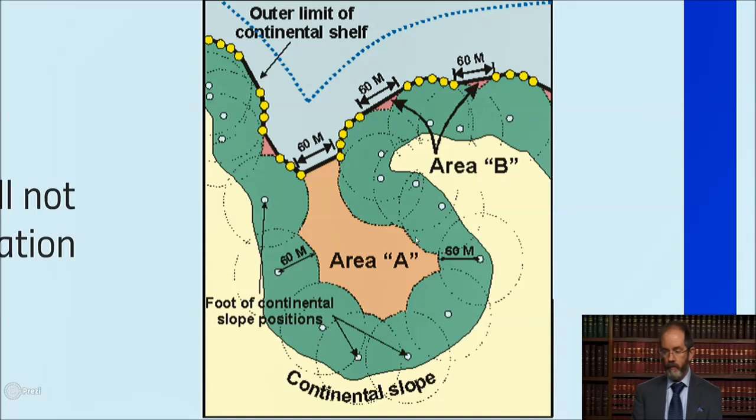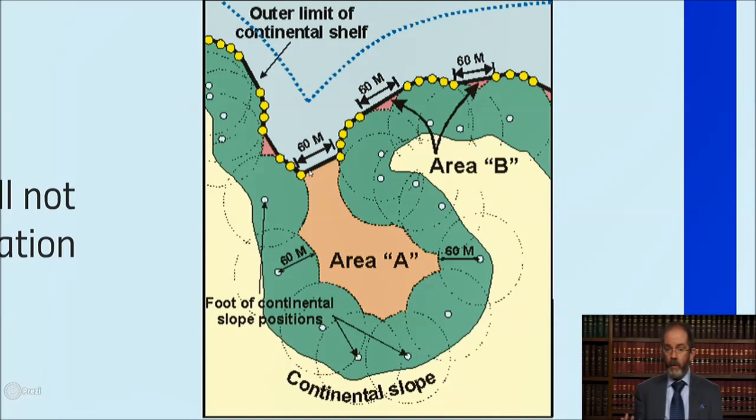continental shelf or margin here in green, that satisfies certain basic principles about being 60 nautical miles from the foot of the slope. And that would suggest that this area A is deep seabed and belongs to the common heritage of mankind and should be left to the management of the International Seabed Authority. But what if you can enclose it with a 60-mile joining line?